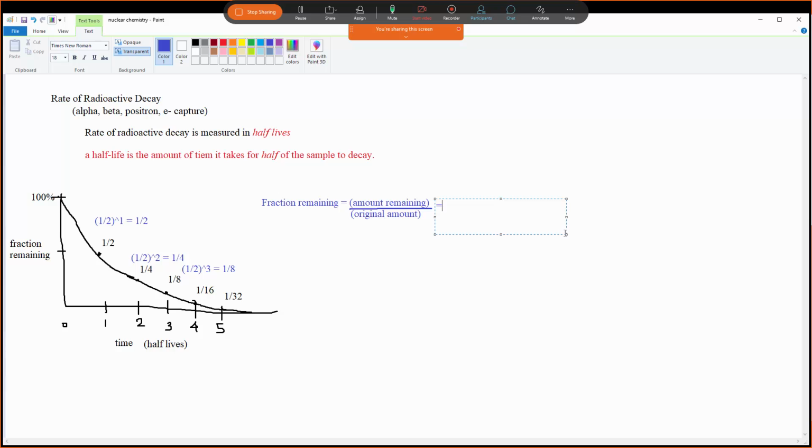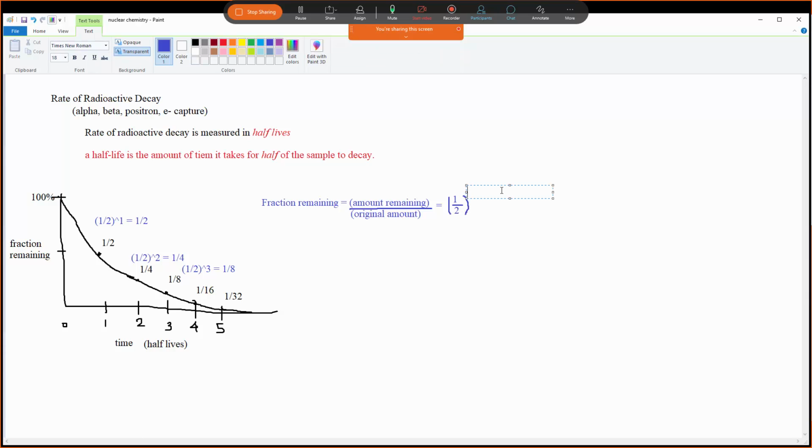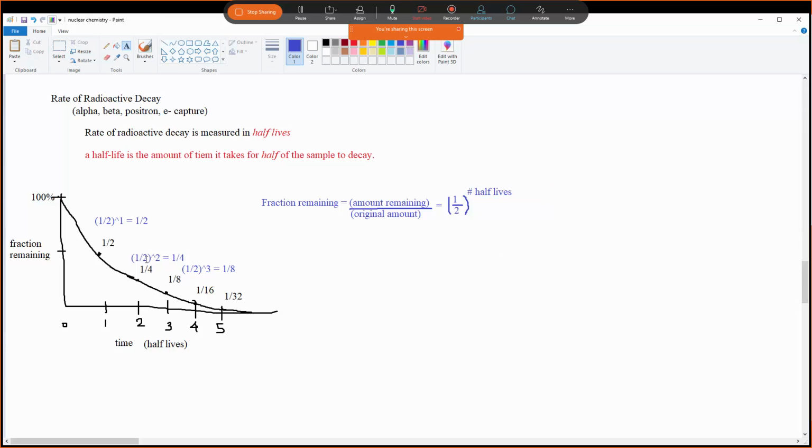That fraction remaining is equal to 1/2 raised to the number of half-lives that have passed. So if 3 half-lives have passed, then 1/2 cubed means that 1/8 will remain. And if you know the original amount, then 1/8 of your original amount, that's how much remains. Does that make sense? You guys with me?